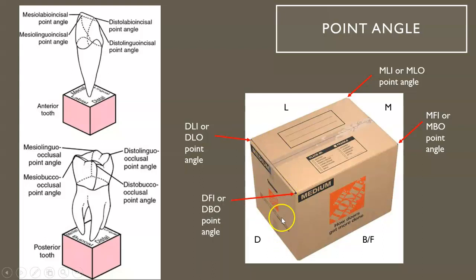And then here you have your distal surface, your buccal or facial surface, your occlusal or incisal surface to create that point, which is your point angle. Hopefully that helps to explain the difference between a line angle, which is two surfaces coming together, versus a point angle, which is three surfaces coming together.